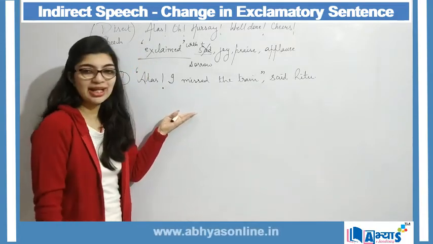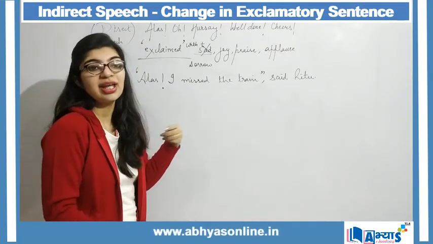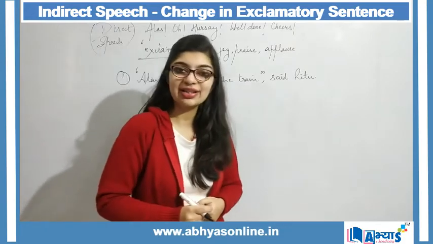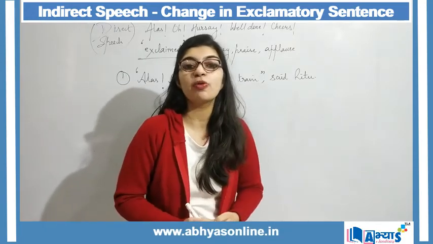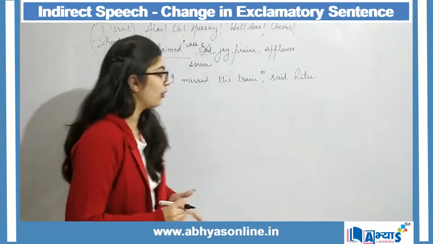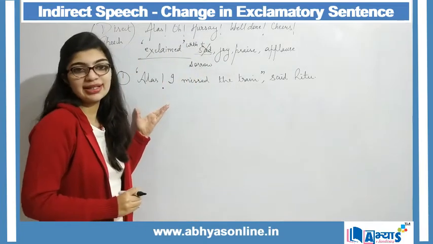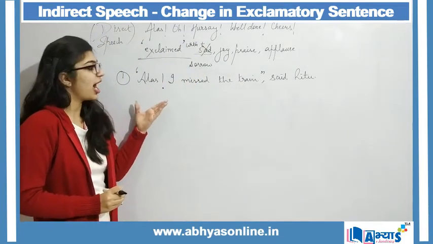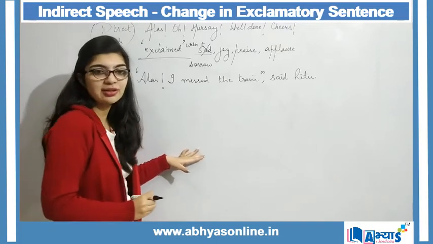Now, the feeling that you get over here is a feeling of sadness. You are sad because you missed the train. So now, this is my sentence in direct speech. I want to convert this into indirect form.